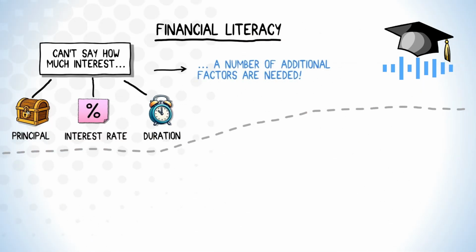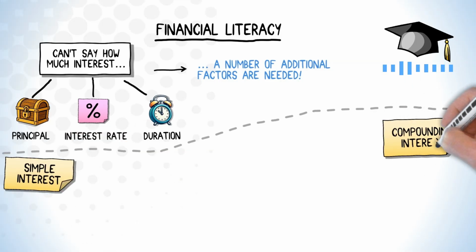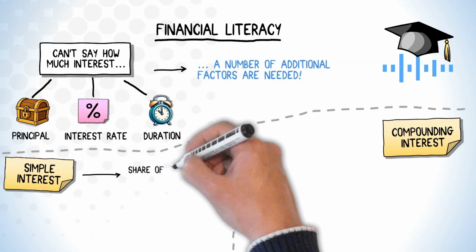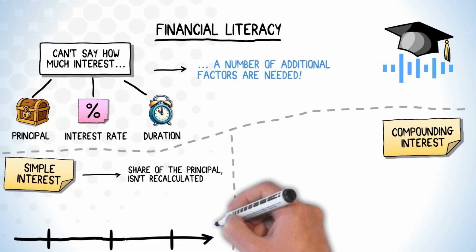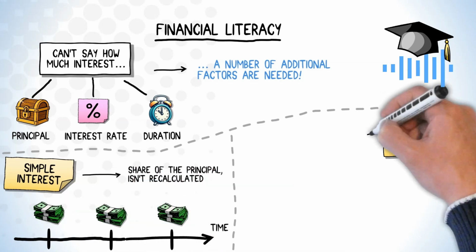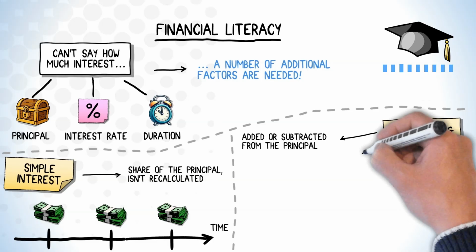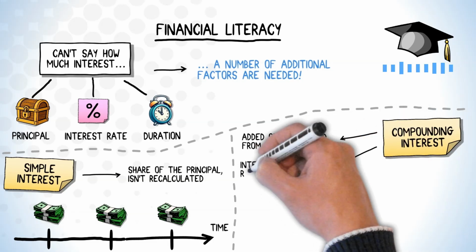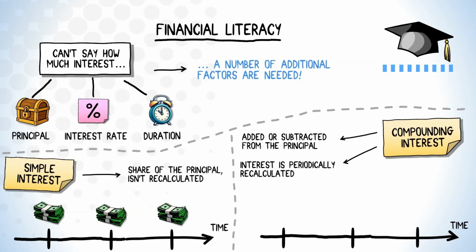It starts with whether the interest is simple or compounding. With simple interest, the interest is a share of the original principal and isn't recalculated after that. With compounding interest, the interest is added or subtracted from the principal over time, meaning that the interest, not the interest rate, is periodically recalculated so it becomes greater or smaller.